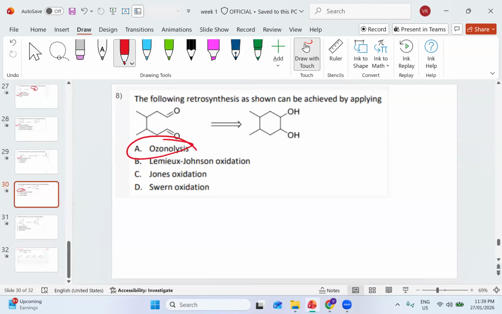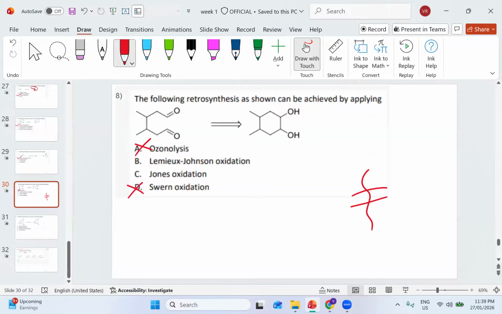Ozonolysis basically deals with the cleavage of the double bond and the further oxidation.